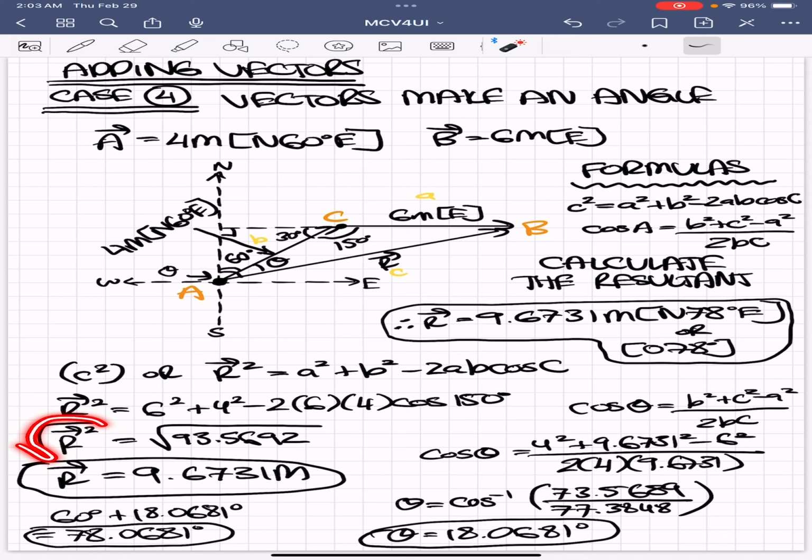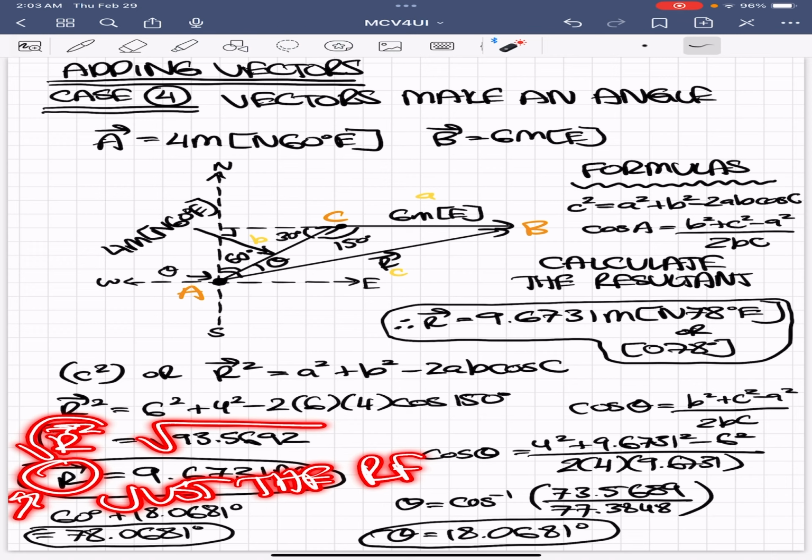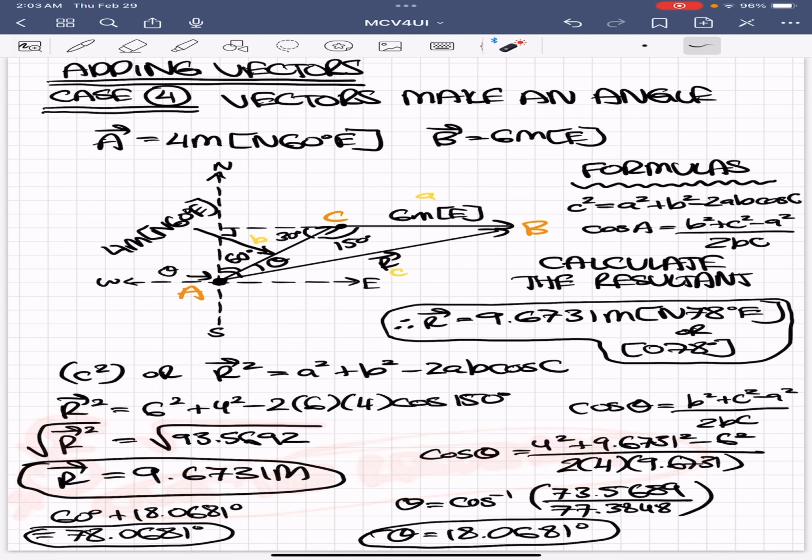We're going to square root both sides, because we're not looking for the resultant squared, we're looking for just the resultant. So we get a big old number, take the square root of both sides, and we are left with 9.6731 meters, and that's the magnitude and the value of our vector, or resultant.